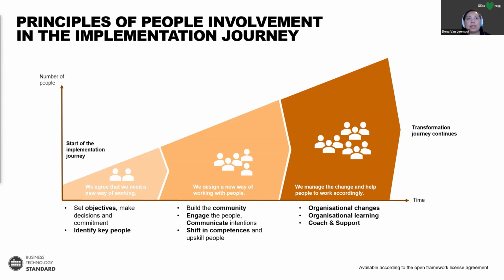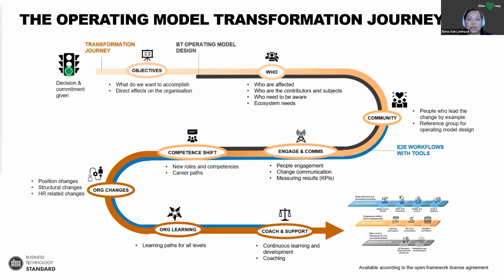And so as you can see, the trajectory, when you go, the number of people grow according to the phases that you're going through. And what do I mean by that? Well, I have a chart here, or an illustration about how these people are engaged.